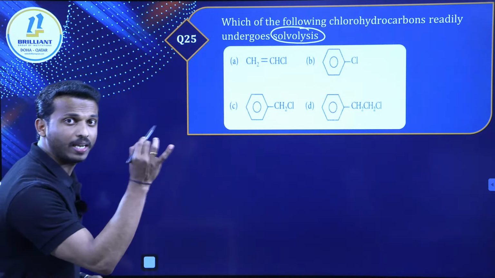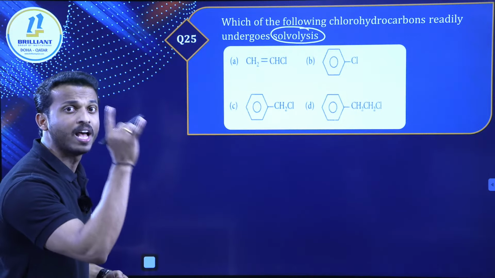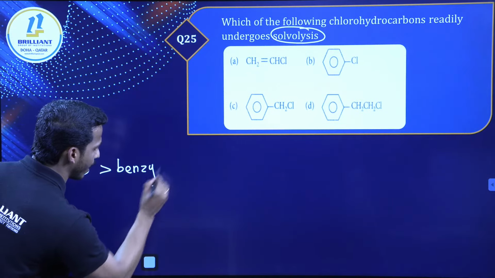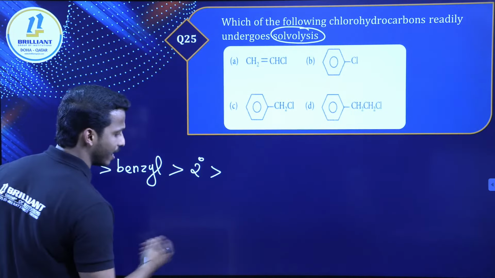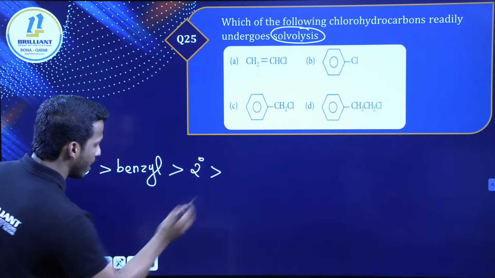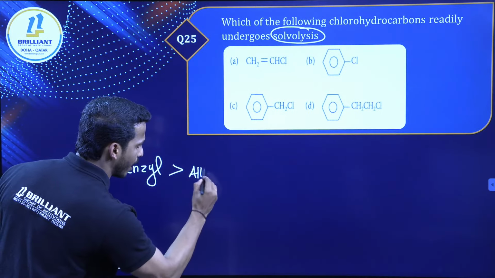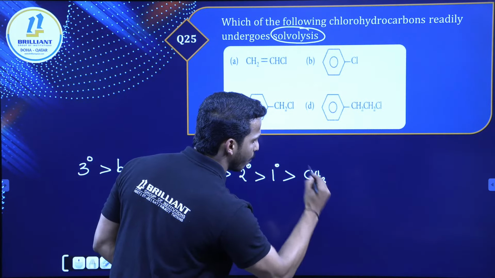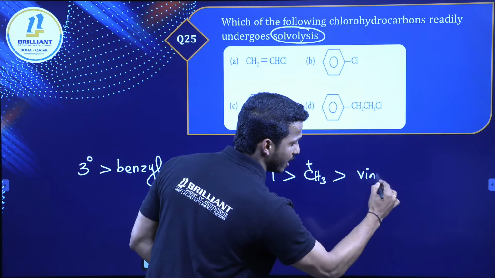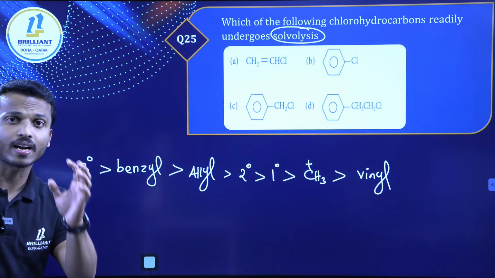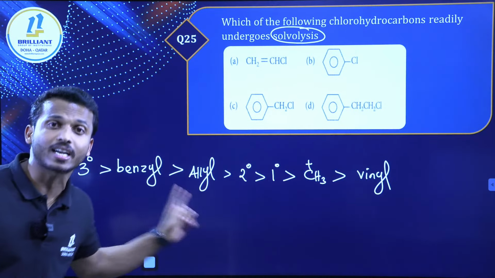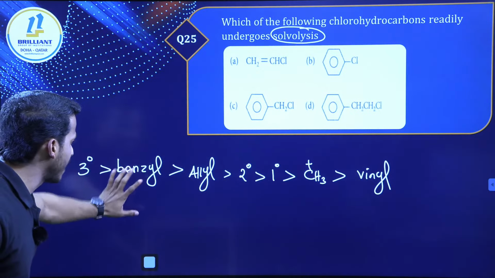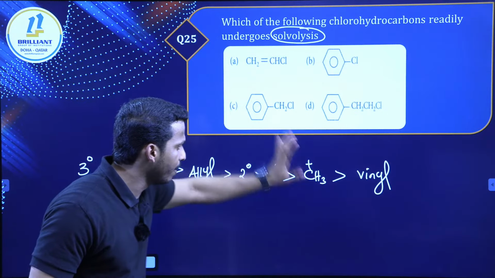For SN1 mechanism, the correct order is tertiary greater than benzyl, allyl, then secondary greater than primary greater than methyl carbocation, and the least is vinyl carbocation. This is the correct order of stability of carbocation to use in SN1 mechanism.